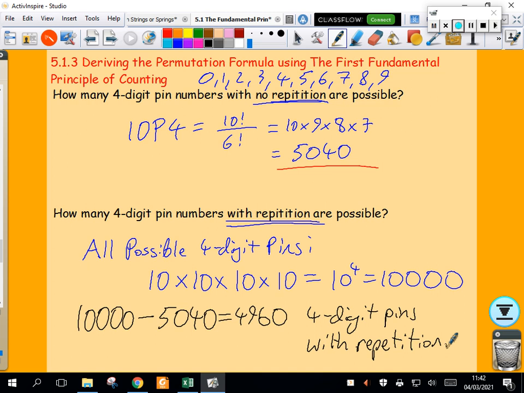For example, 1, 1, 2, 3, that's a repetition of ones, or 7, 9, 8, 7, there's one where the 7 is repeated. There's 4,960 of those 4-digit pins with a repeated digit somewhere in them. There's 5,040 with no repeated digit. That's all. They will either have repeated digits or they'll have no repeated digits. It's as simple as that. 10,000 4-digit pins altogether. Okay?